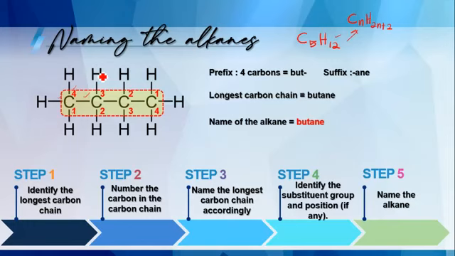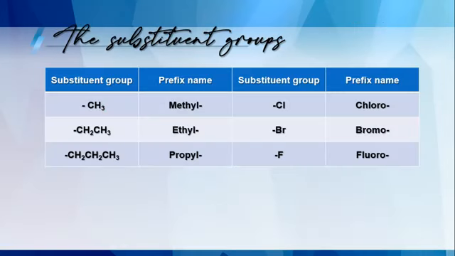And finally, you can name the alkene. So remember the 5 steps. Okay, so you remember that. All right, this is the information about the substituent group. Substituent groups at your level basically come from two main groups.